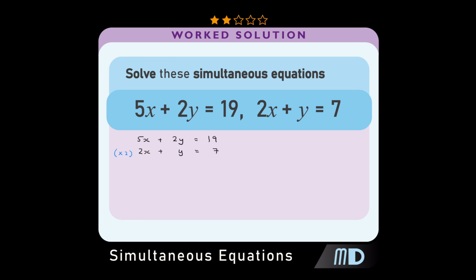So 2x plus y equal to 7 multiplied by 2 gives us 4x plus 2y equal to 14.